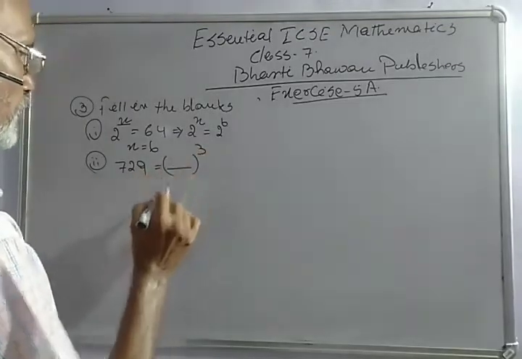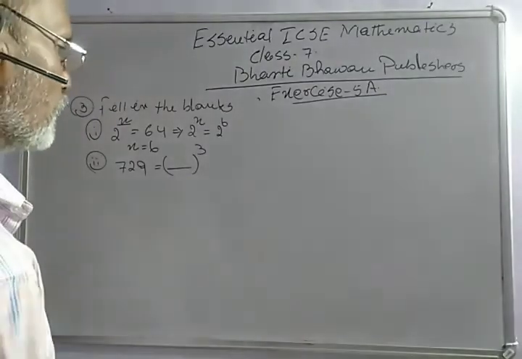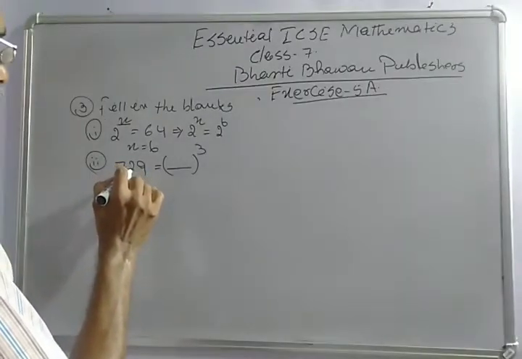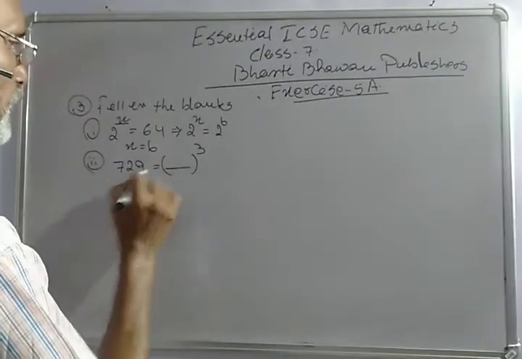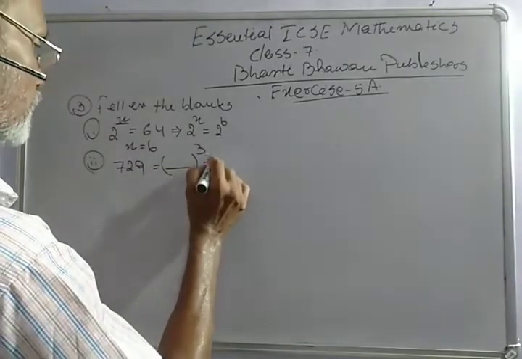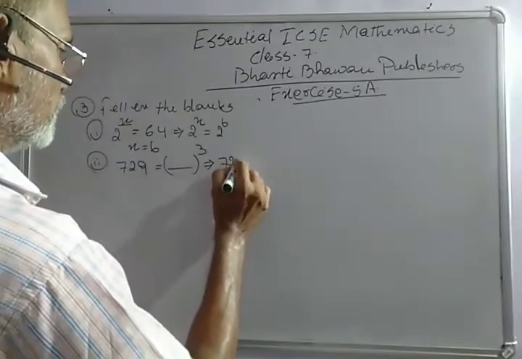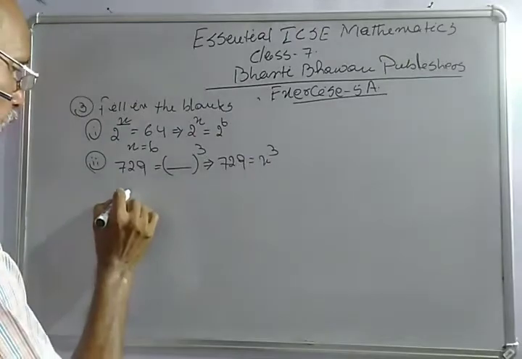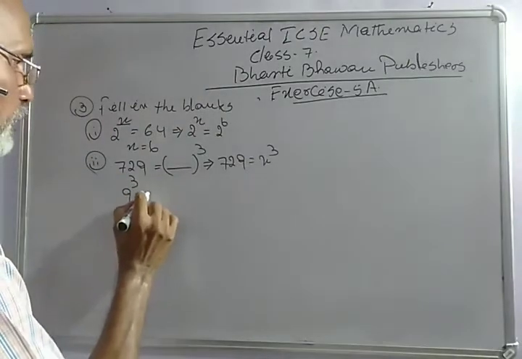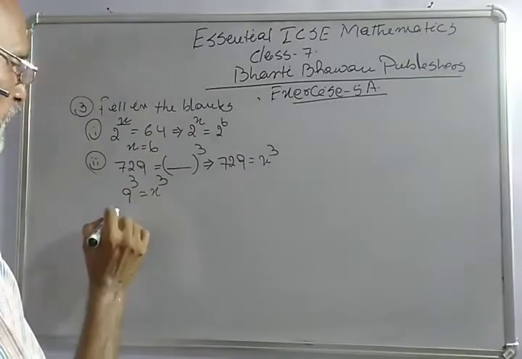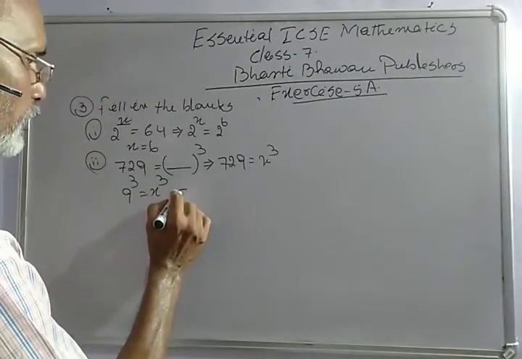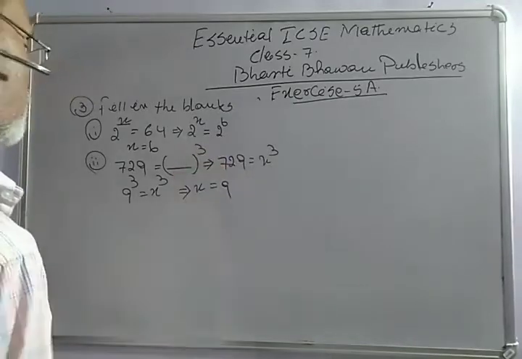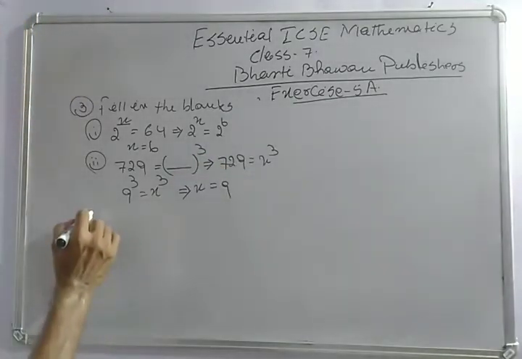So 729 is equal to x to the power 3. So 9 to the power 3 is equal to x to the power 3. Now the powers are equal, therefore x is equal to 9. As the powers are equal, bases will also be equal.